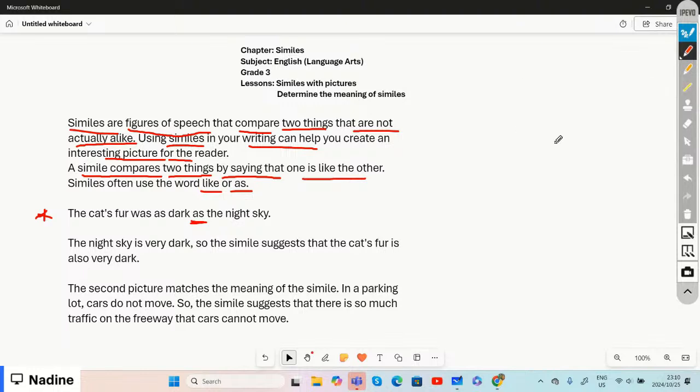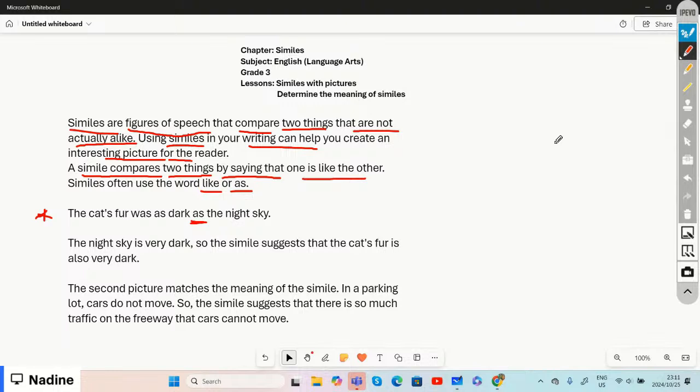All right. So we're going to be looking at a few more examples of similes. And remember, even if you look at the cat's fur being compared to the night, a cat has got nothing to do with the night sky.